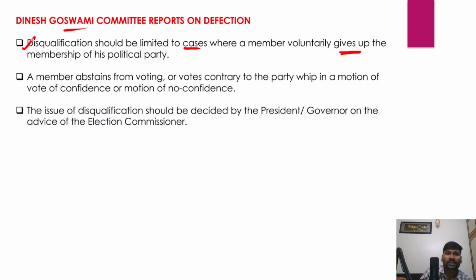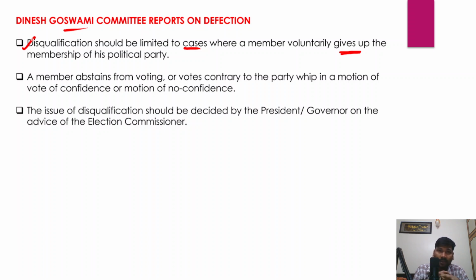So for example, disqualification should not be extended. As of now, the 10th Schedule talks about disqualification even if a member abstains from voting contrary to the whip issued by the political party, or even if a member casts his vote contrary to the whip issued by the political party.